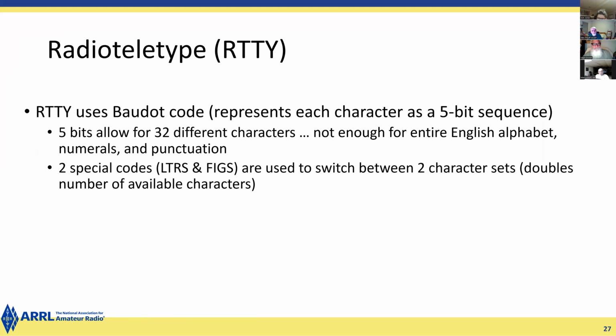So here's the thing, the Baudot code uses 5 bits for 2 different characters. That means that you can't get the 26 letters of the alphabet and 10 numbers and punctuation. So there are 2 special codes called letters and figures that switch between 2 character sets, which are called the letters and figures character sets.